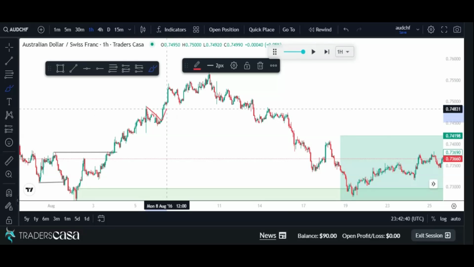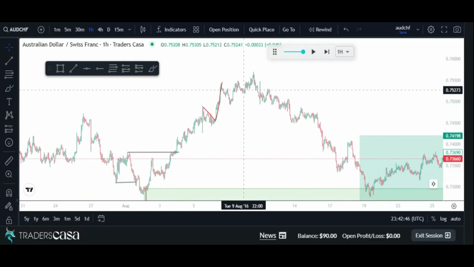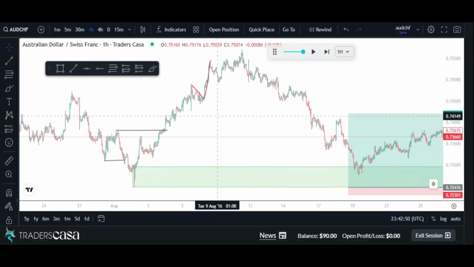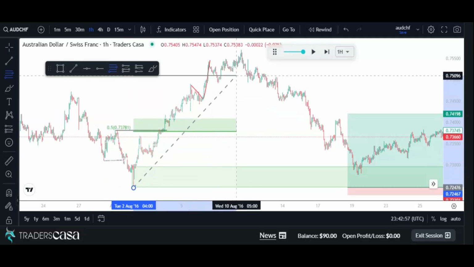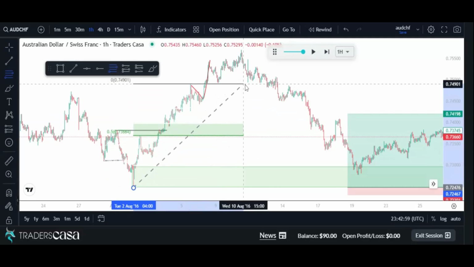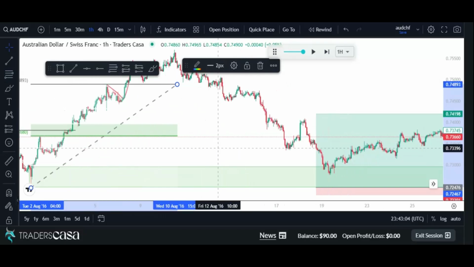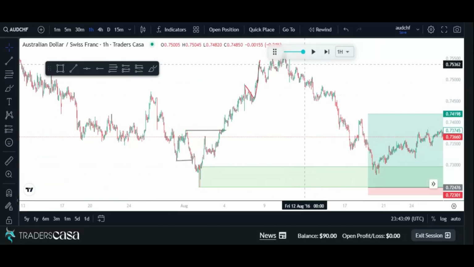V shape inducement. All right. Good. Now, if I use my Fibonacci to measure from here to here, you can see that this inducement is not inside 50%. All right. Therefore, making my breaker block a valid breaker block.